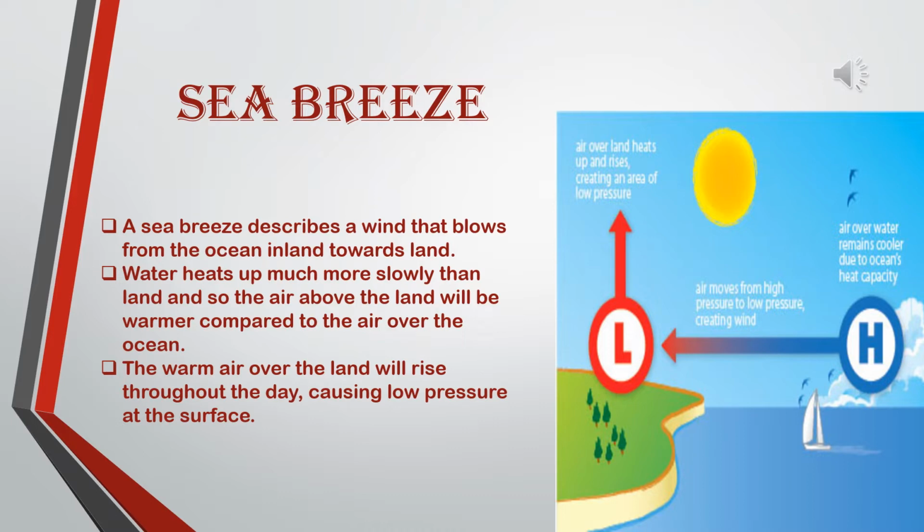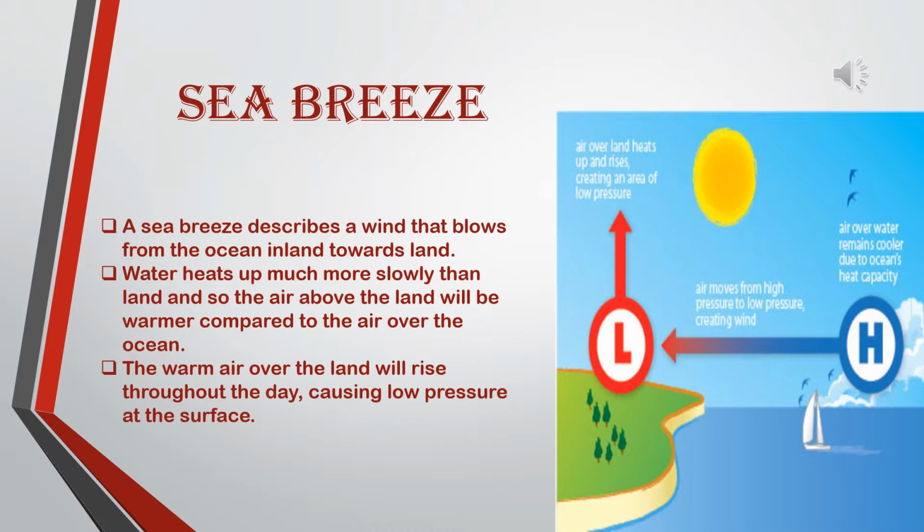What is sea breeze? In daytime, land is more heated than sea, as land can absorb more solar heat than sea. So air above the land moves up, being hotter and lighter. As a result, cool air over the sea rushes towards land. This is known as sea breeze.